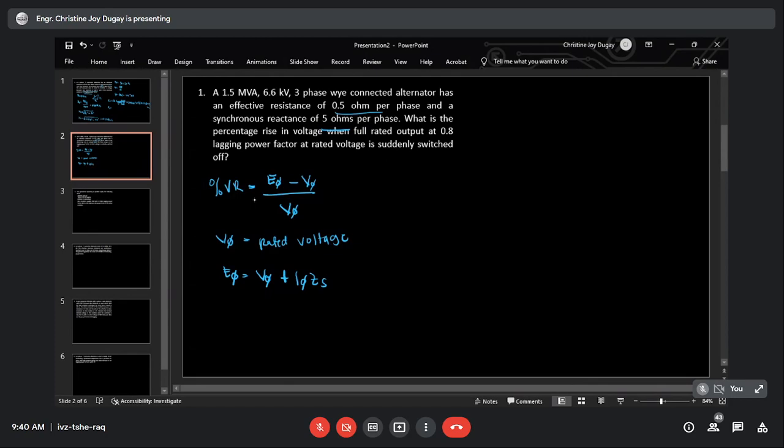So, ang E phase natin, this is the generated. The rated voltage, that is the output voltage. Kung single phase sana, yan na yung voltage natin. Pero since naka 3-phase tayo, kunin nyo ang per phase value. And same with the per phase generated voltage. Yan po yung ibig po niyang sabihin. Para makarelate po kayo.